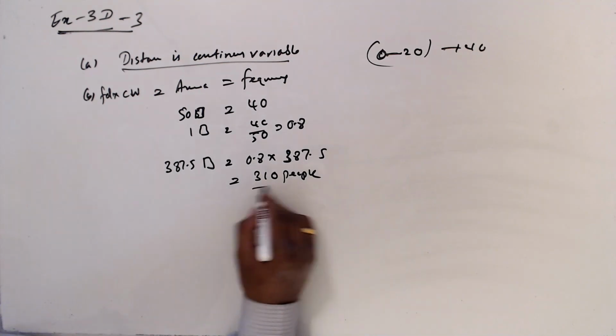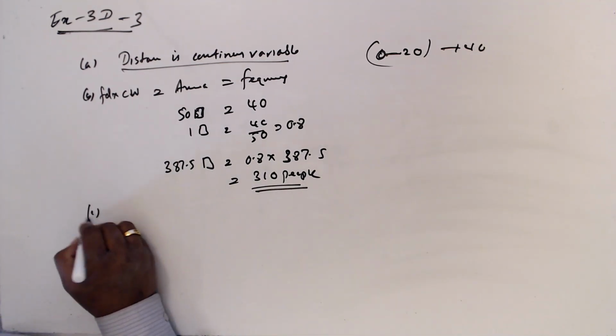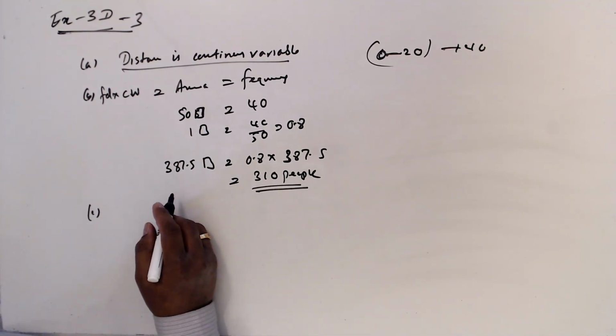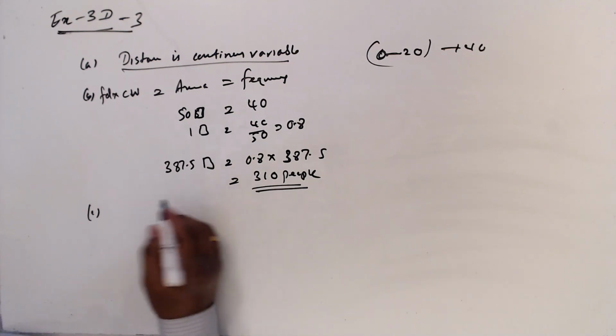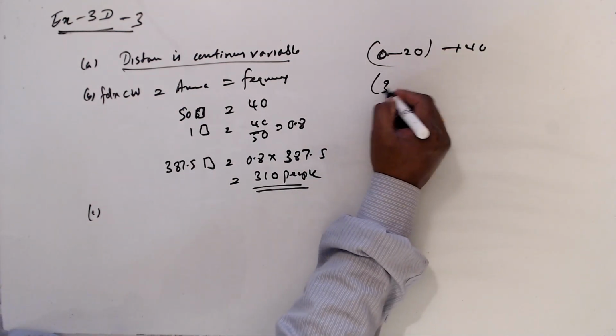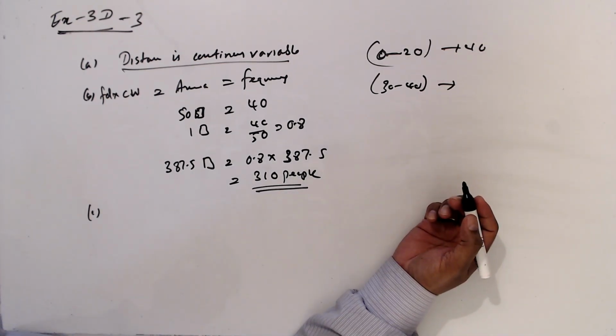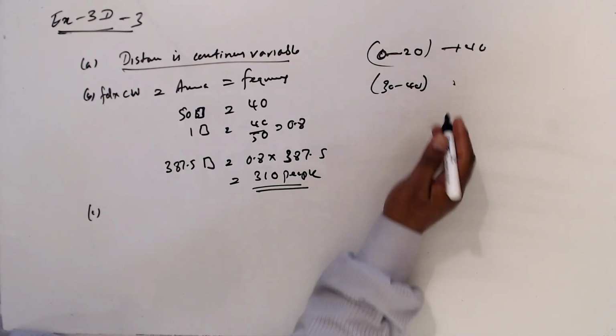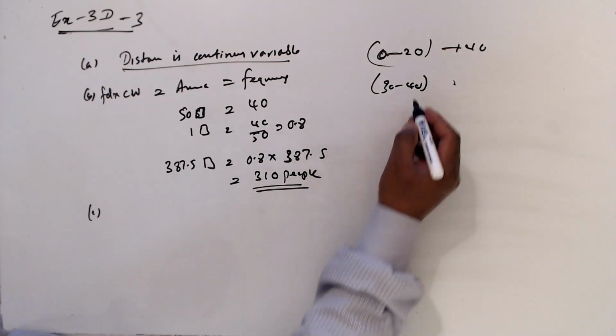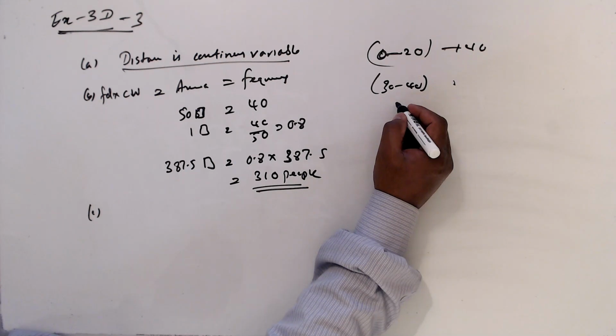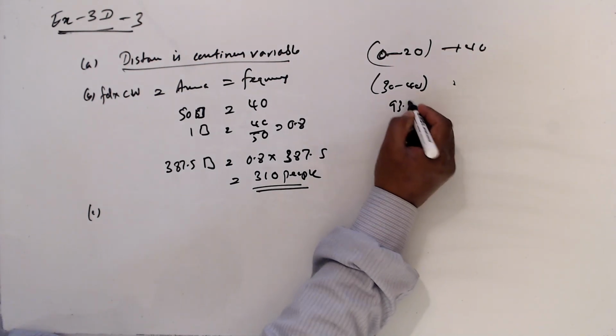So 310 people in the competition. Estimate how many people throw between 30 to 40. Same sums: the number of squares in the 30 to 40 interval is going to be 93.75.